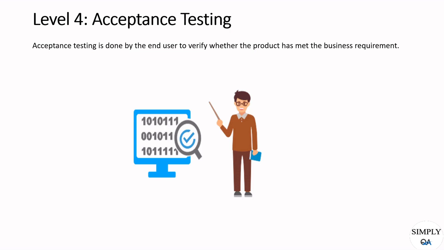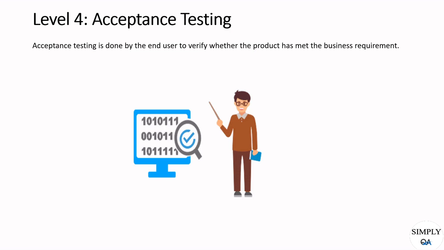So these are the four levels of testing, guys. To summarize shortly, unit testing is nothing but testing the smaller units individually. It is basically done by the developers. The next level of testing is integration testing. Combining those smaller units or modules together and testing those modules and the data flow between them is known as integration testing.